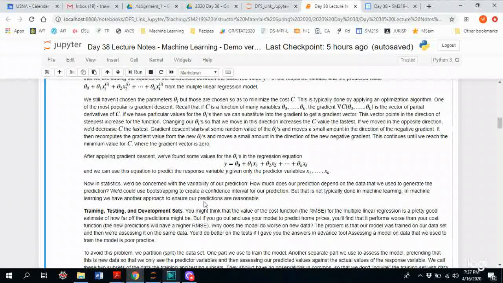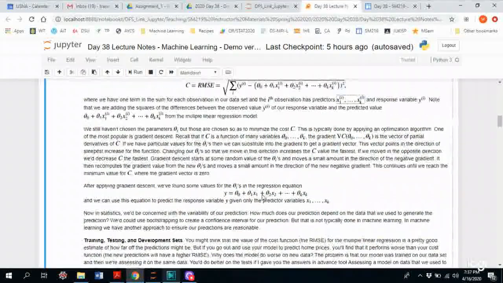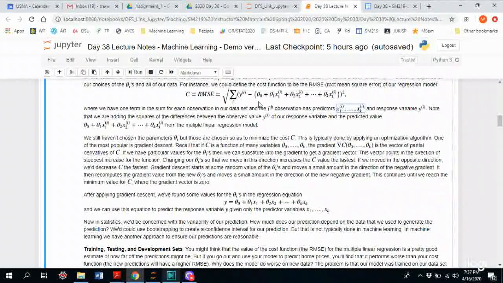Recall that if C is a function of many variables, and in this case, C is a function of the unknowns theta 0 through theta k, the y's and the x's are actual numbers that we know from our data. So they're not variables, but the thetas are variables.